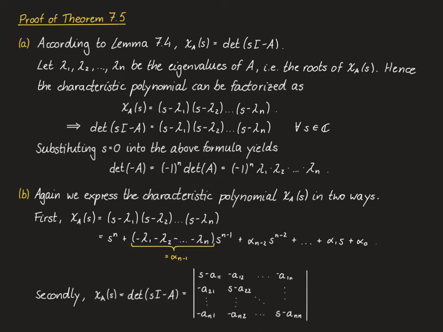Secondly, the characteristic polynomial chi A of s is also given as the determinant of sI minus A, which, if we write this down explicitly, looks like the determinant of a big n by n matrix, where each element is minus the corresponding element of A, and we have additionally plus s for each of the diagonal terms.